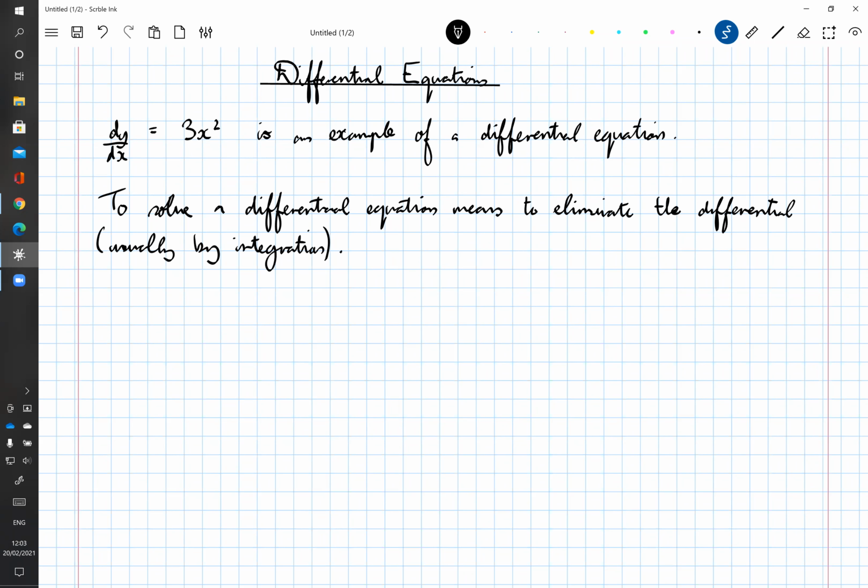And you've already solved differential equations in year 1 maths by just integrating both sides.